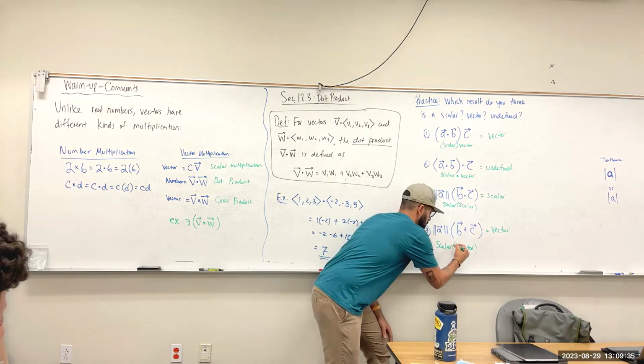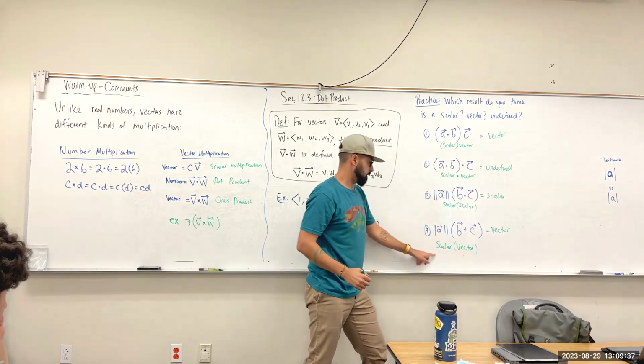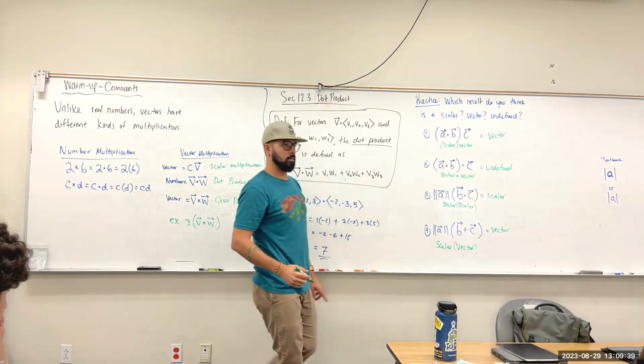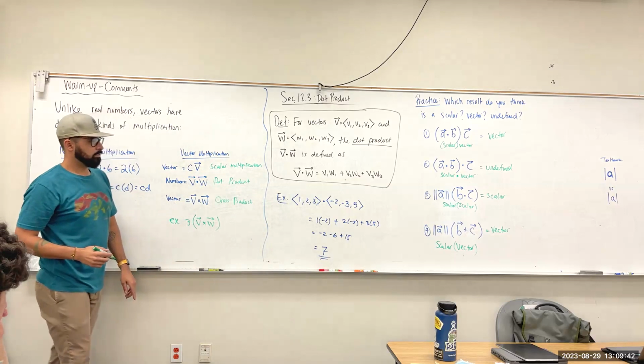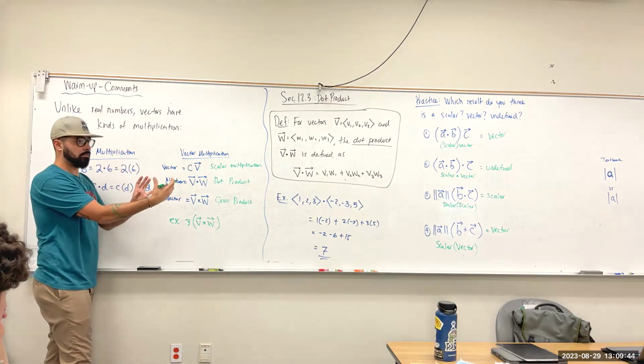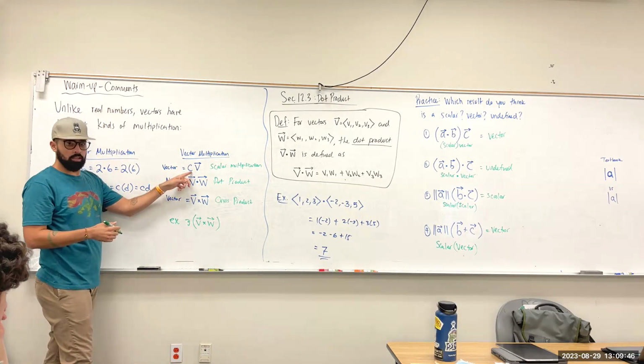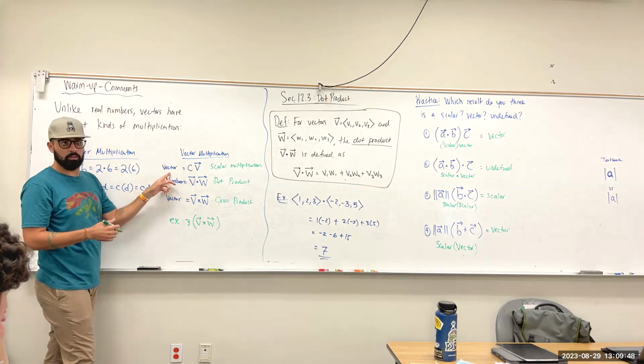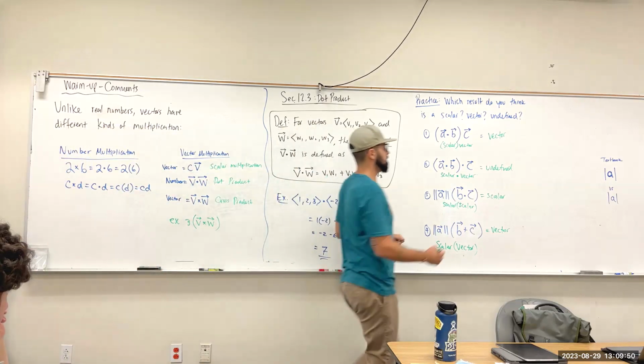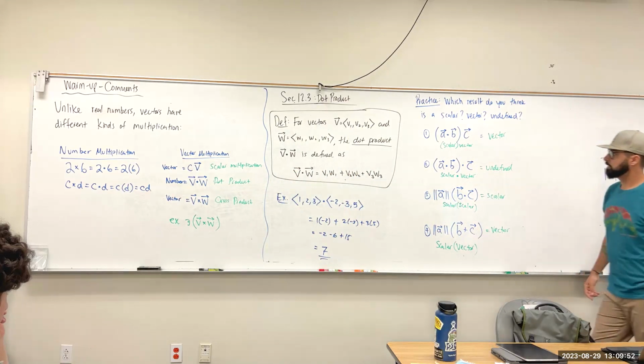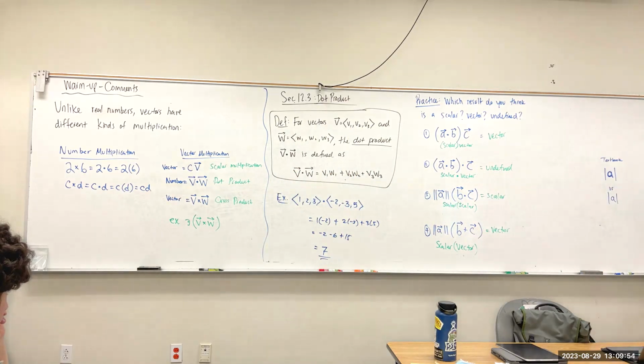Good. And so what kind of product is this? A scalar next to a vector is scalar multiplication, so it'll produce a vector. Good, job, guys. That's all we have for now, but more will get added to the list.